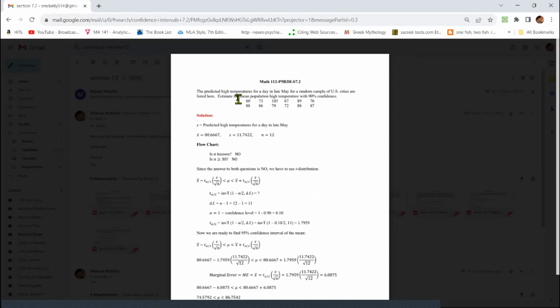Now we're estimating the mean, so we have to decide, is this a Z or a T-score? Now, how did she get X bar, S, and N? Well, she has these raw data. So you put the raw data in the calculator.